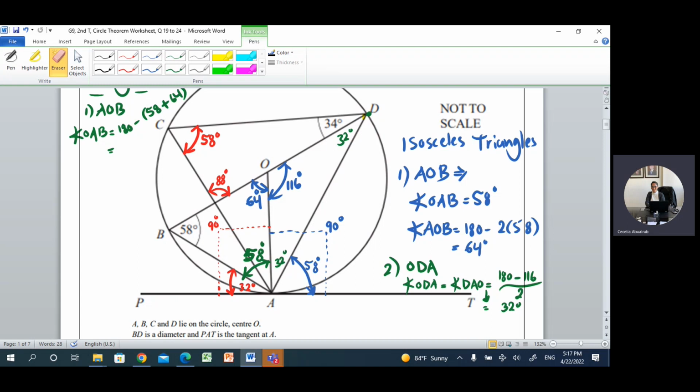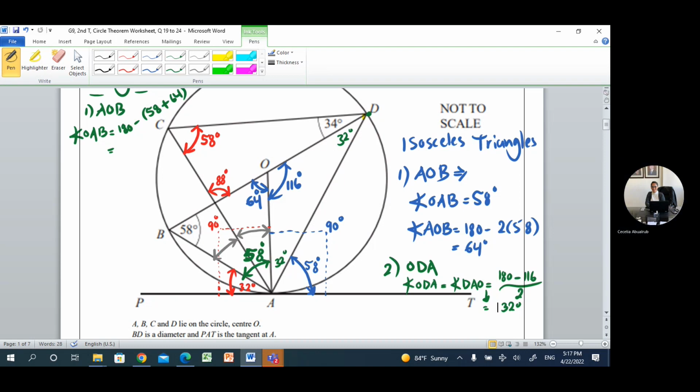Okay, so we have one more angles to find. We have this angle and this angle here, which both are forming the 58, right?